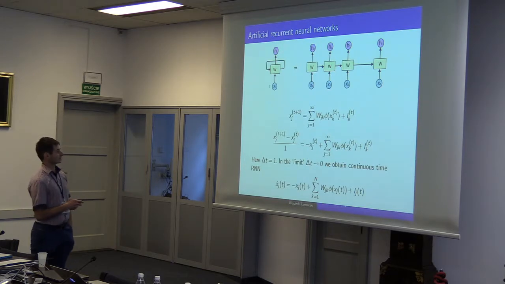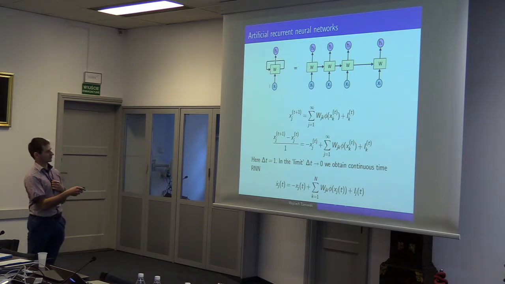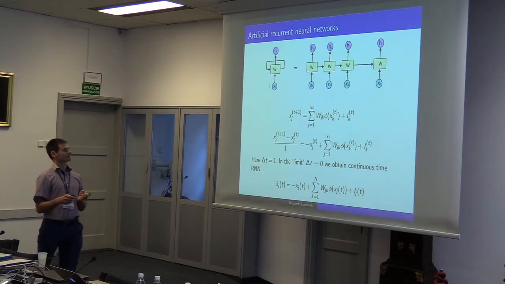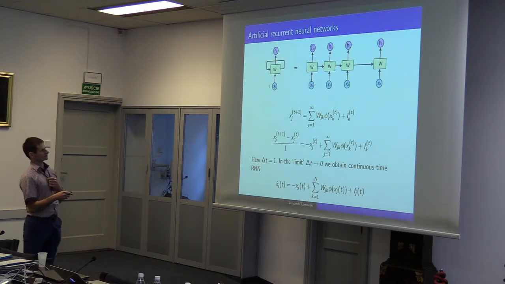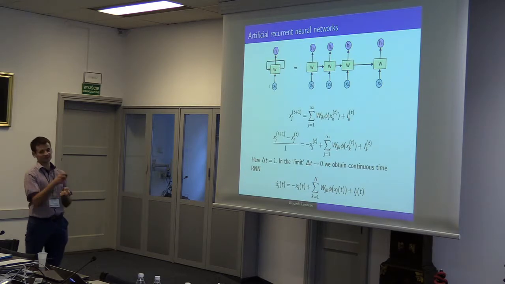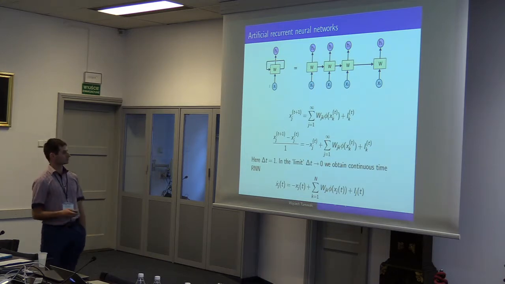And this network goes recursively in the sense that not only does it process the input to the output, but also the information that is processed in the network is sent to the next step of processing, and this generates these long-term dependencies. Okay, so how does it work?